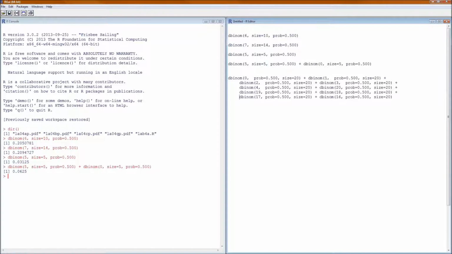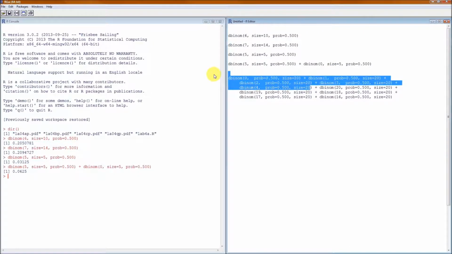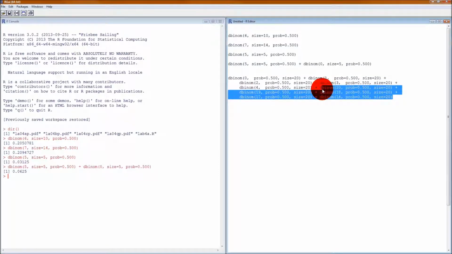I would like to know if I flip the coin 20 times and got 4 heads, these 5 are the probability that the number of heads is 0, or 1, or 2, or 3, or 4. These 5 are the probability that the number of tails is 0, or 1, or 2, or 3, or 4.